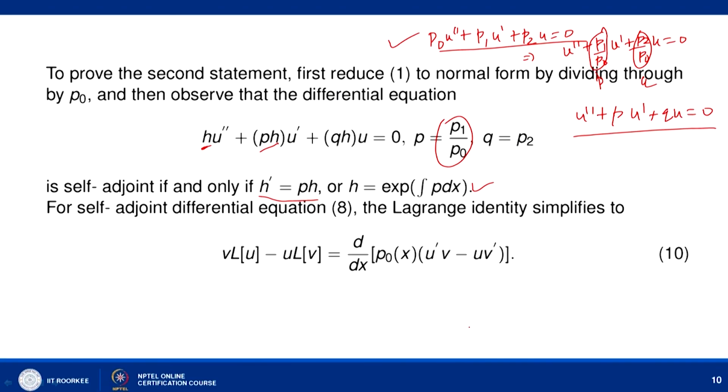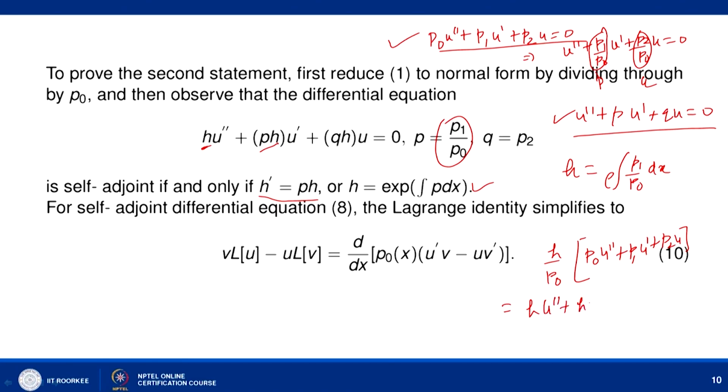Let me look at here. So h is coming out to be what? h is coming out to be exponential of the integral of P1 by P naught dx. So now this h we are multiplying here in this equation. If we multiply h by P naught into this equation, that is P naught u double dash plus P1 u dash plus P2 u, then this is h u double dash plus h P1 by P naught u dash plus h P2 by P naught u equal to 0.